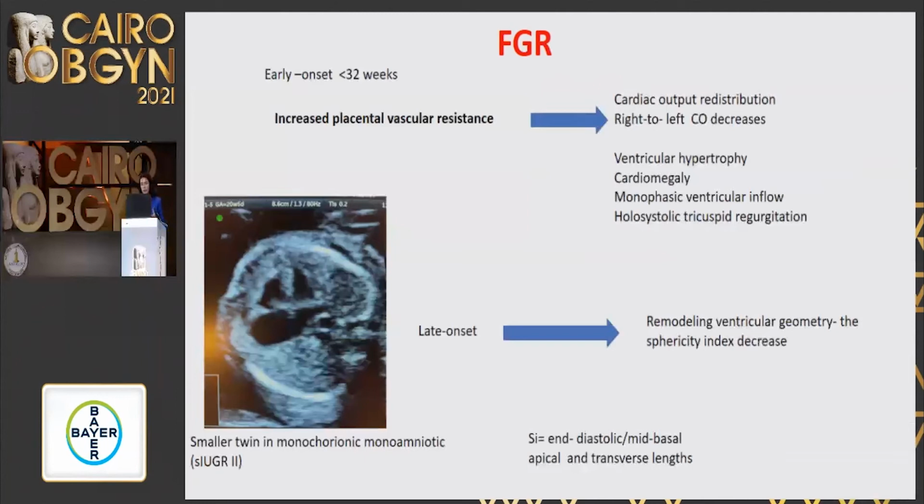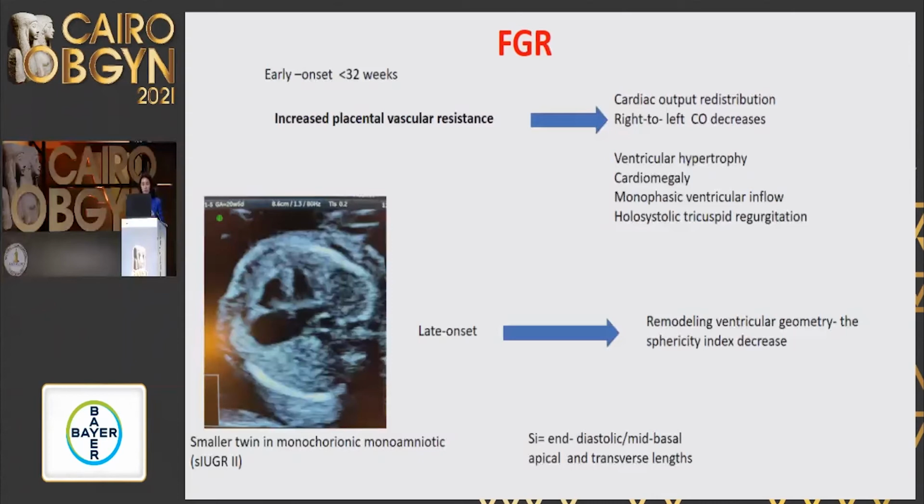The heart plays a key role in fetal growth restriction. In early onset, before 32 weeks, with severe placental insufficiency, we can see a redistribution of cardiac output, resulting in decreased right to left cardiac output and developing ventricular hypertrophy and cardiomegaly, and we can also find monophasic ventricular inflow.